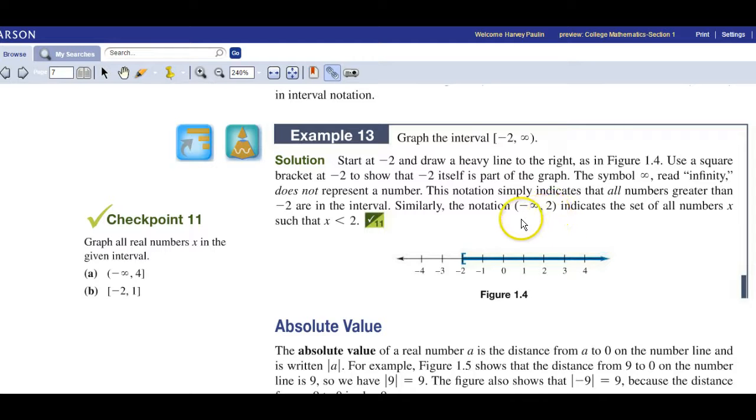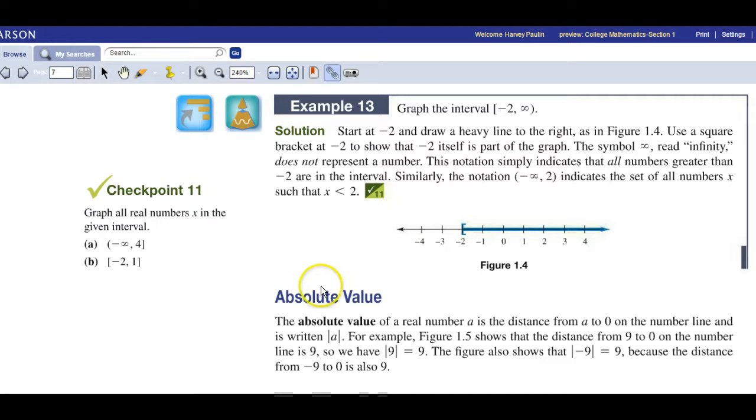Okay? And in this one, it's coming from negative infinity. Now, infinity, by the way, always has just a parenthesis. And it goes up to 2. But because of the parenthesis, the 2 here is not included in the set.